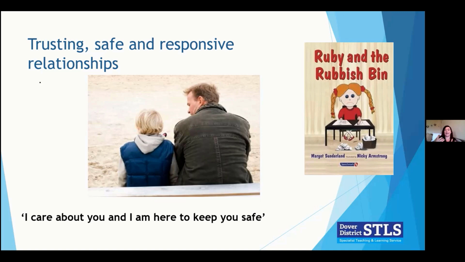His old one-to-one had left him, this new one-to-one was here, and he didn't really want that. He wanted the reliable, predictable person he'd had for 2 years. So what I needed to do was prove to him that I was trusted, I was safe, I was responsive, and I was reliable for him.